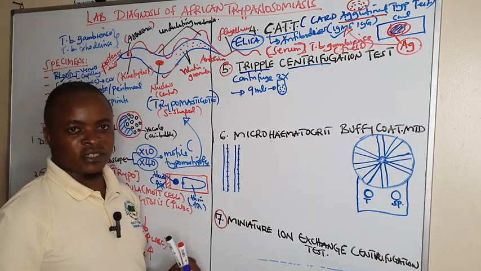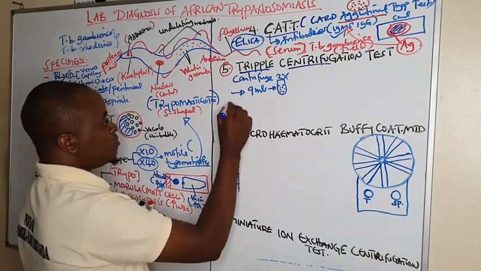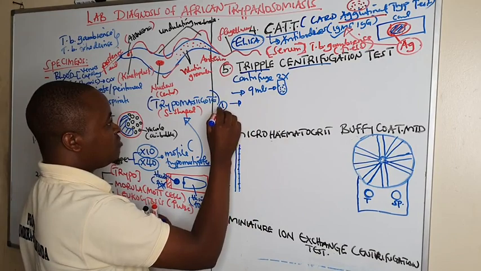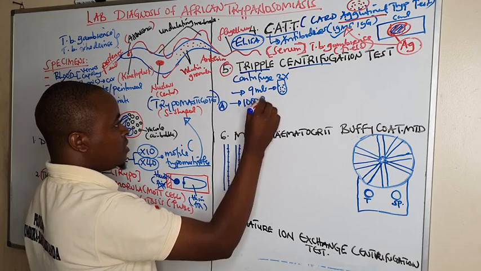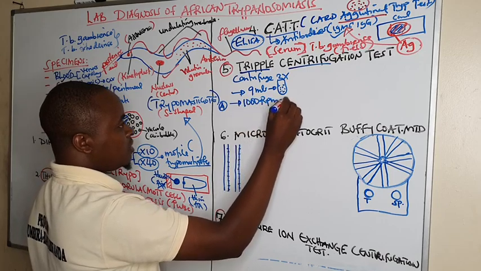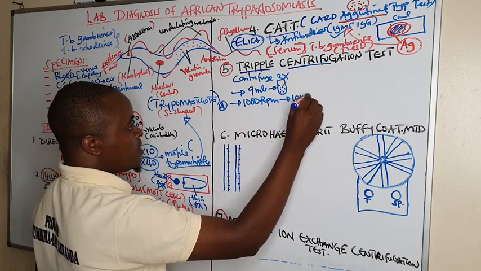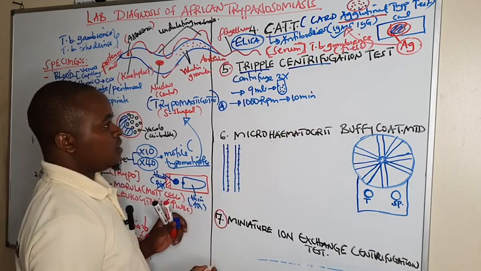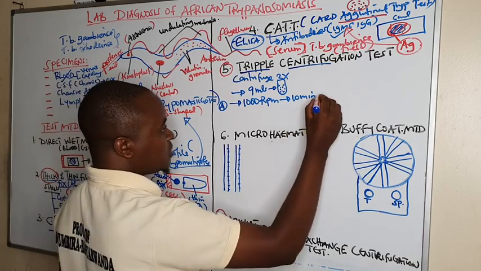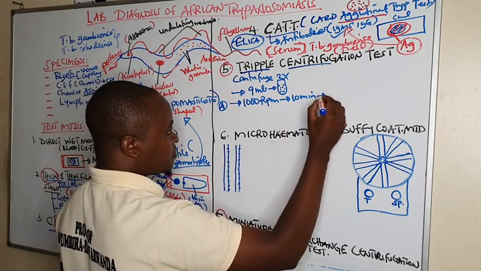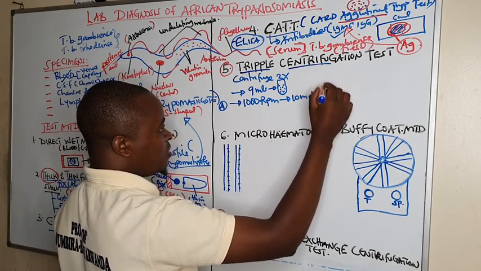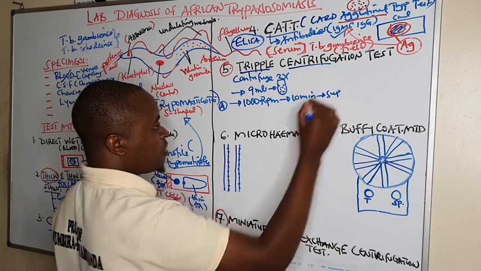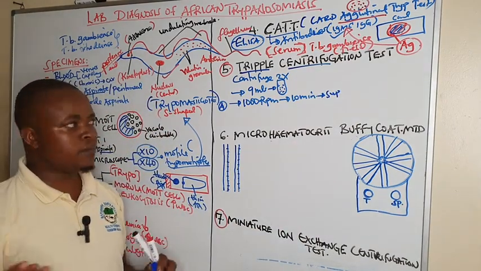After putting these 9 mLs into a tube, the first centrifugation is at 1,000 revolutions per minute for 10 minutes. Then we remove the supernatant, and we remain with the sediment.